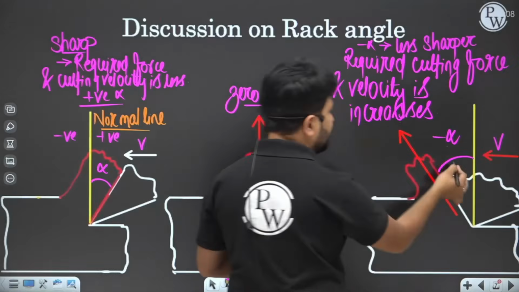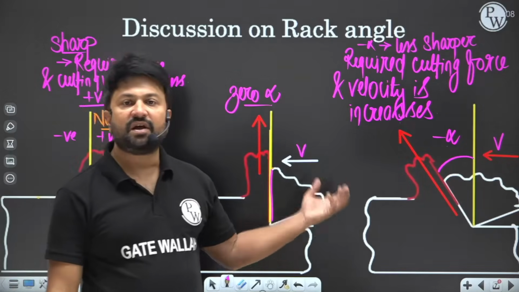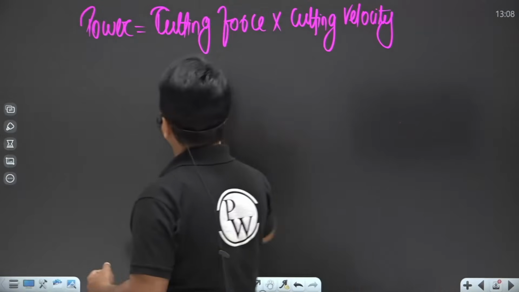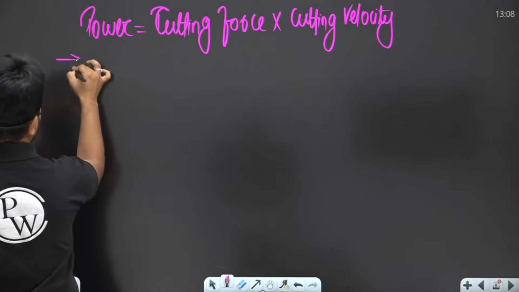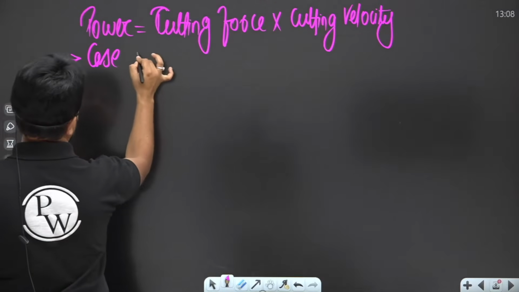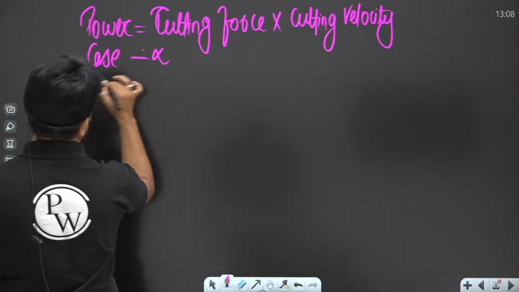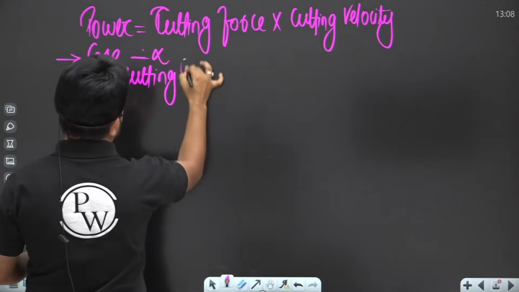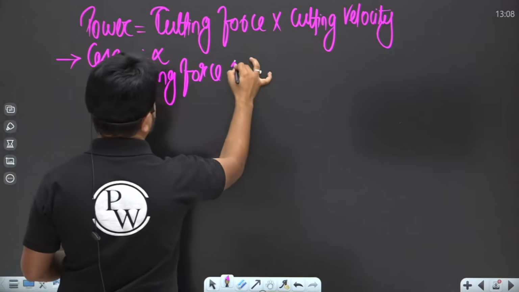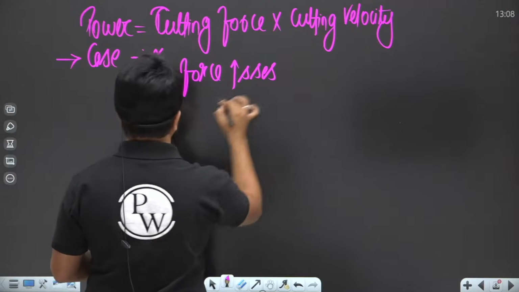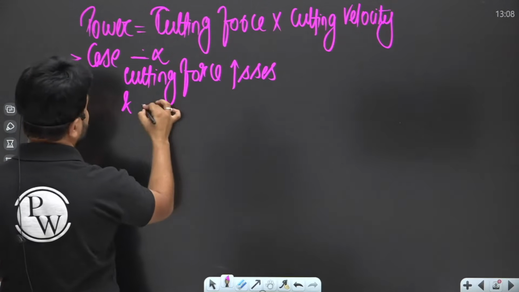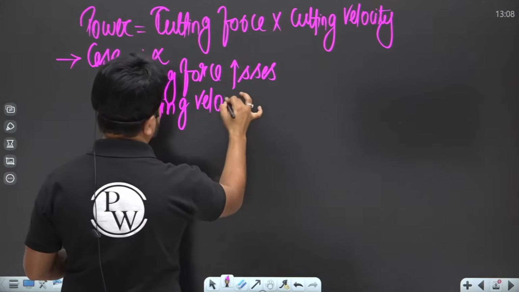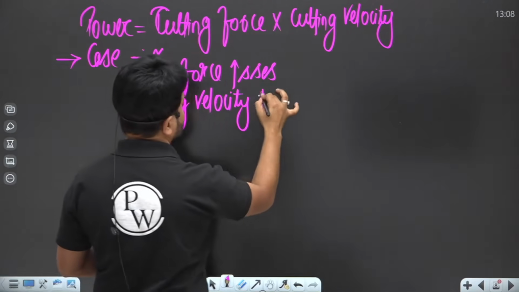So in the case of negative rake angle, cutting force increases and cutting velocity increases.